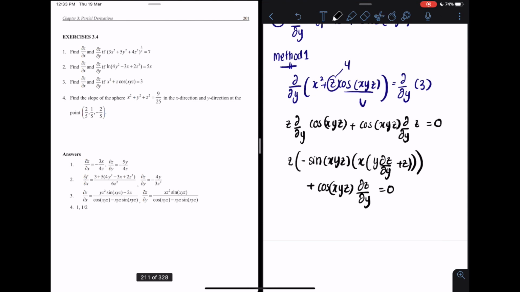Okay, I think that's it. So we can try to rearrange the question so that we can group del z del y on the left hand side, and variables that are not related to del z del y we put on the right hand side.